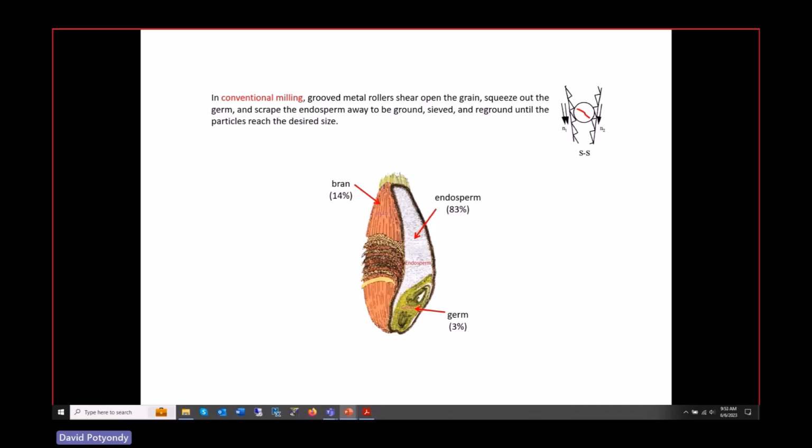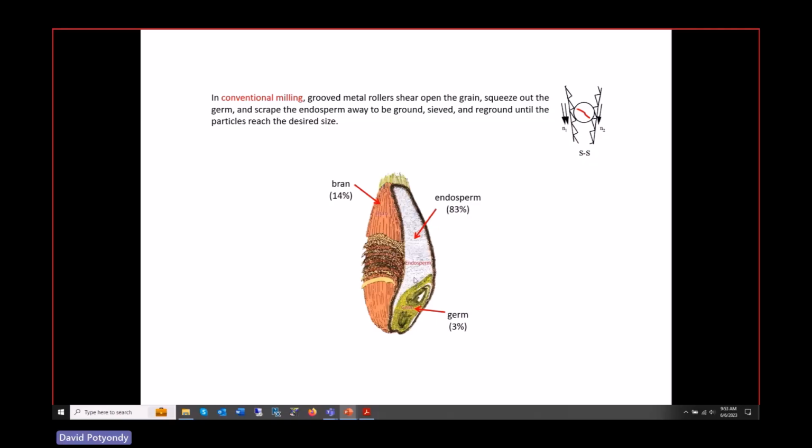And this kernel of wheat has a relatively hard outer layer, which they call the bran. And there's a super small amount of material here called the germ. This is where the seed is that starts. The seed is shielded by the bran. The seed needs energy to start to grow. It comes from the endosperm. That's 83% of it. This endosperm is naturally white.